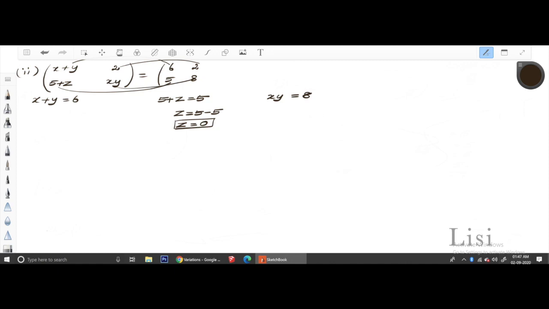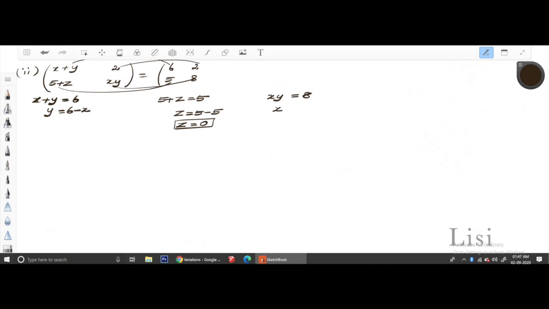And now come to the first one. We are having x plus y is equal to 6, isn't it? Now you write this as y is equal to 6 minus x and substitute this value of y in this equation, xy is equal to 8. So what happens?